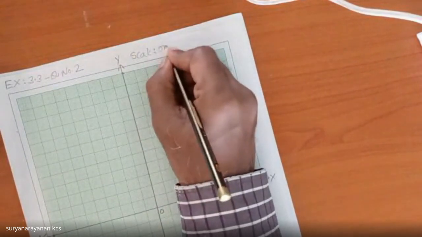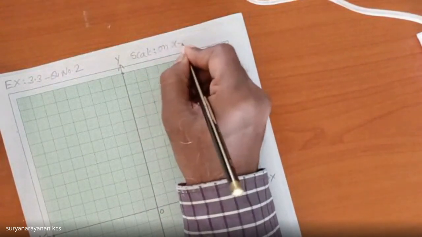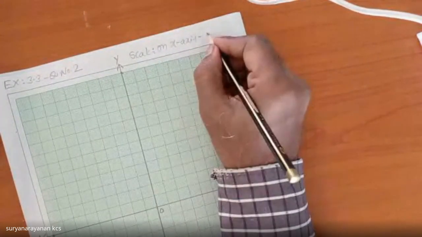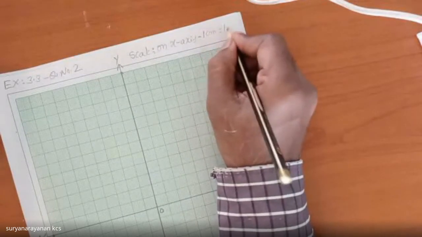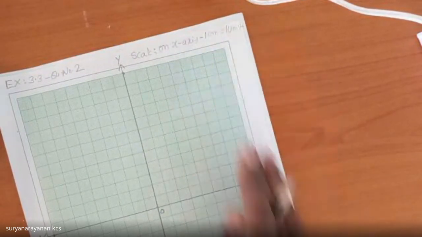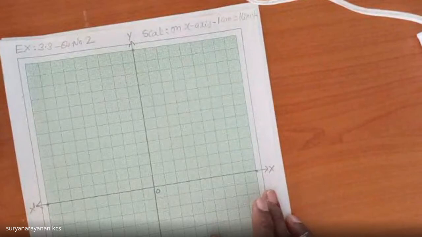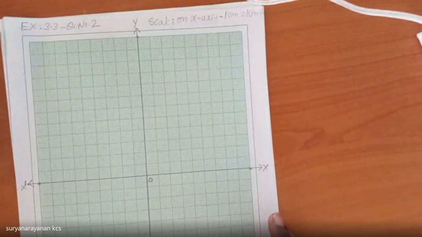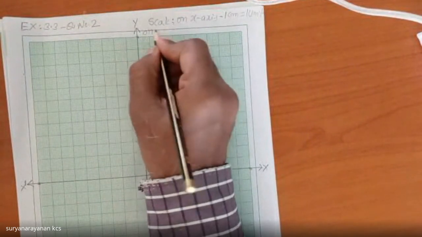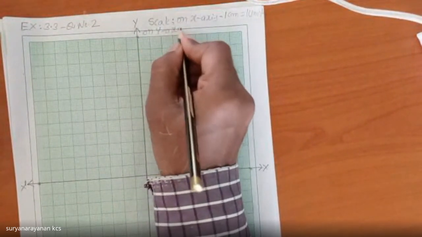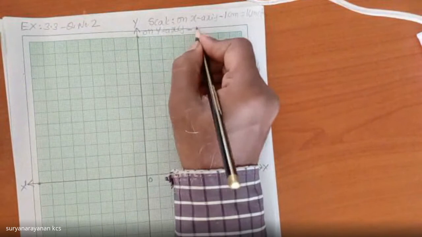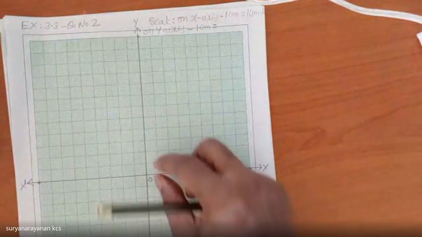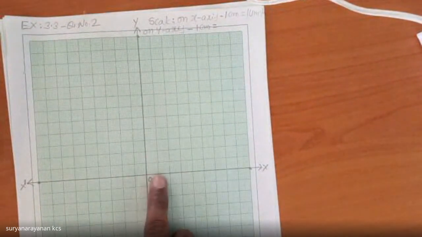On x-axis, we can take 1 centimeter is equal to 1 unit. There is no problem. There is no issue. But on y-axis, all these small squares are of length 1 centimeter.